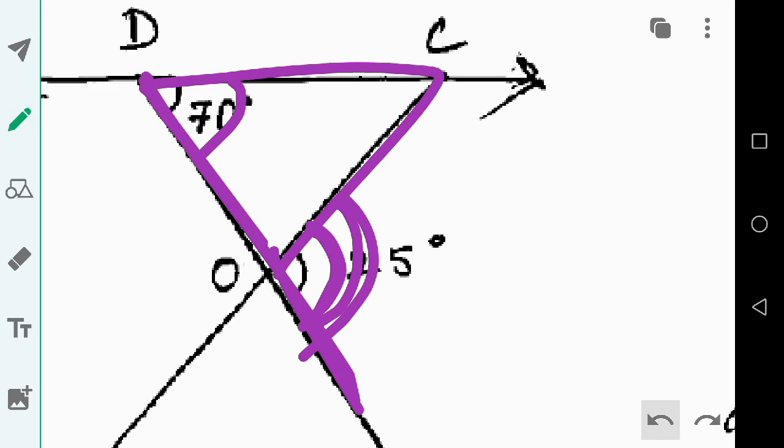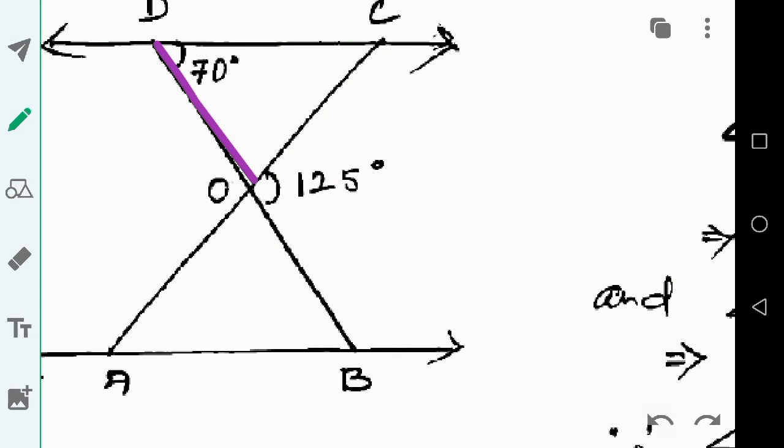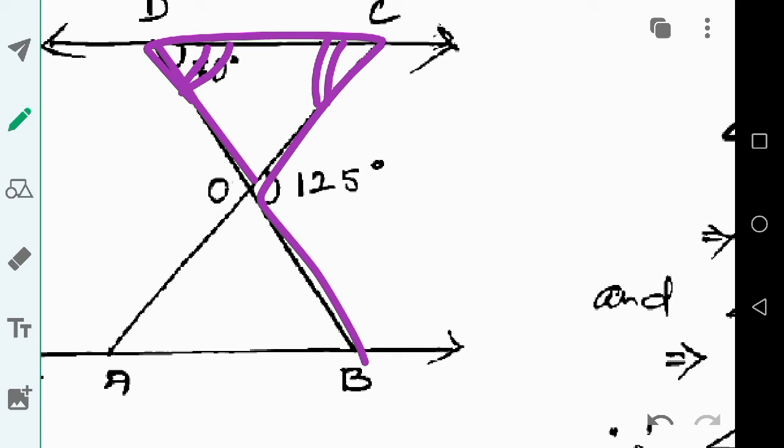So BOC is the exterior angle in this triangle, which must be equal to the sum of CDO and OCD, or DCO. The sum of these two angles is equal to 125.